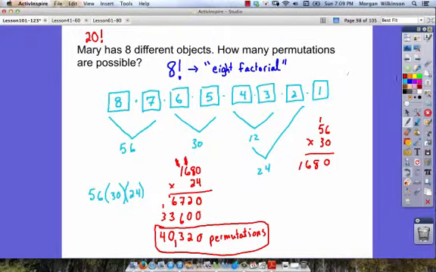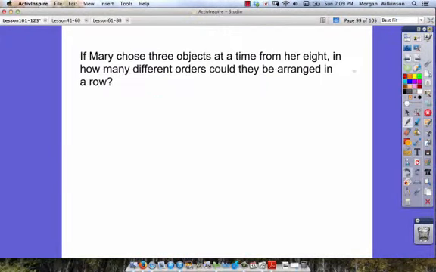Let's look at our next example. If Mary chose 3 objects at a time from her 8, in how many different orders could they be arranged in a row? So she's choosing 3 of her 8. So she's got 3 choices to make. For the first choice, she's got 8 different objects she could choose from.